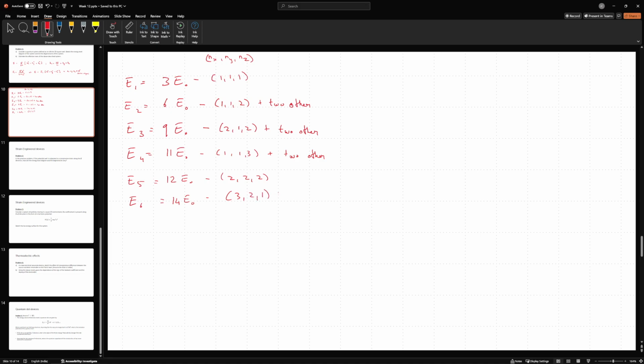And over here, we are going to have 5 others, because I can have 6 permutations including this one for this configuration. I can have 321, 312, 213, 231, 123 and 132, and all of them are distinct quantum states.